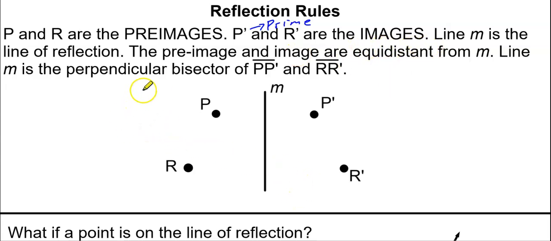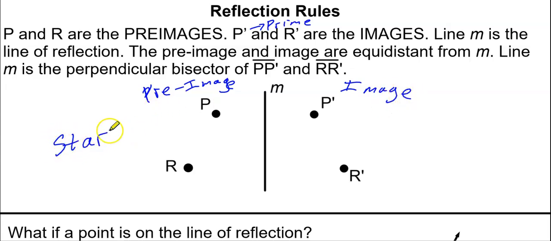That means here are my pre-images on the left and my images are on the right. I am going to start on the left side, do a flip, and end on the right side. We are going to flip over this line. So line M is my line of reflection.